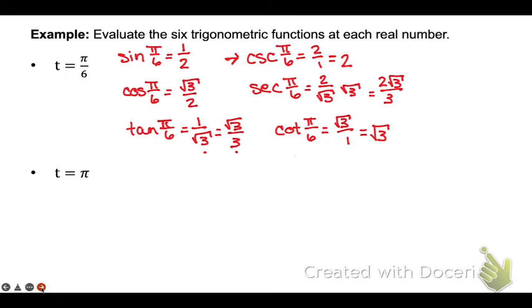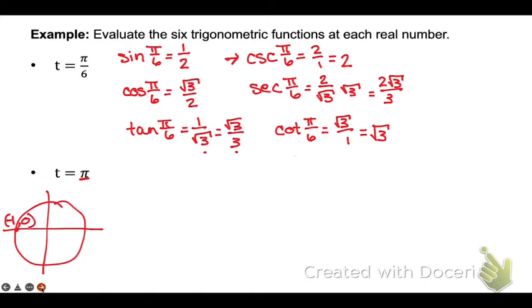Wait, for the next one, the sine would be 0 over 2? No. Pi is a quadrantal angle, yes? Pi is over here. What's my coordinate over there? Negative 1, 0. So I have -1, 0.